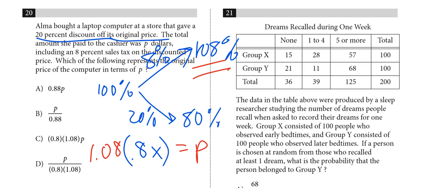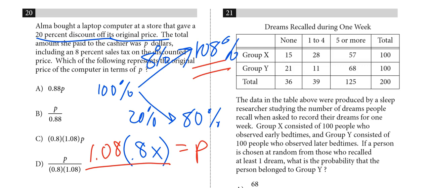But they want me to solve that equation for my original price, which I called X. So what should we do to get X by itself?